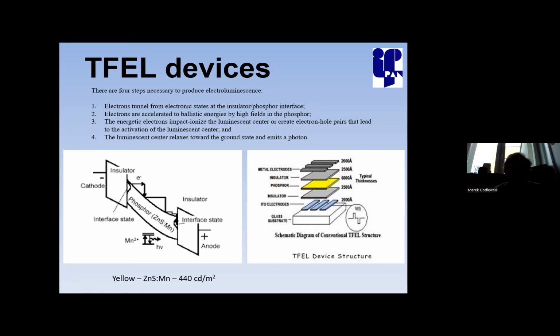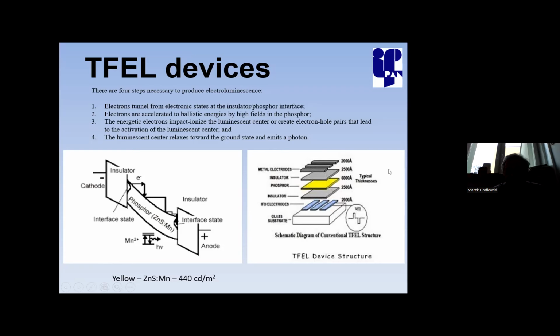And then from some interface states, we can inject electrons into the phosphor, and they gain energy so fast that you can say they are ballistic. The proposed mechanism was that they excite emission of Mn2+ by impact excitation. So then we could observe a pretty bright emission, and that led to the first devices.